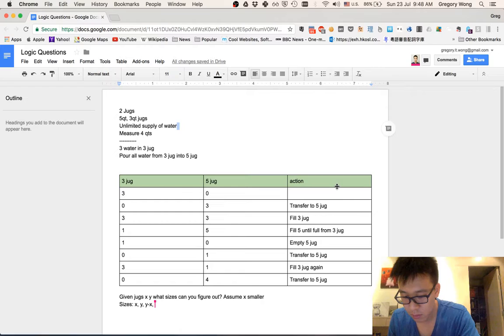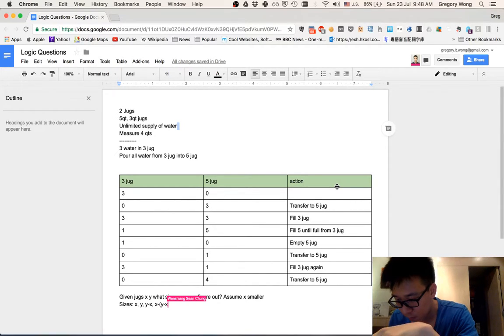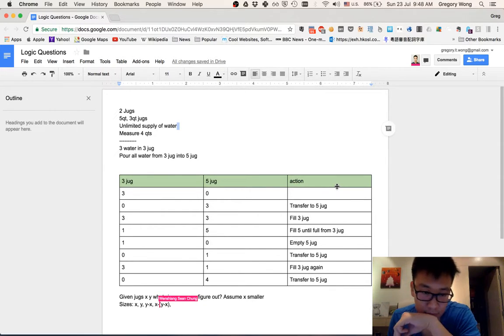We can also compute, in this step here, X minus (Y minus X). So what is that, 2X minus Y?